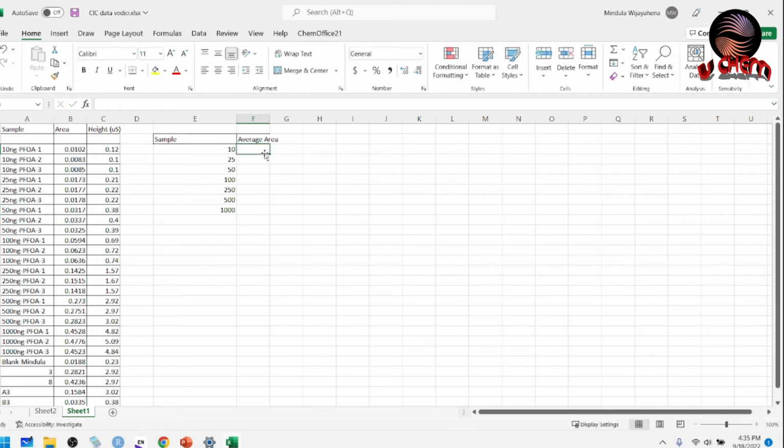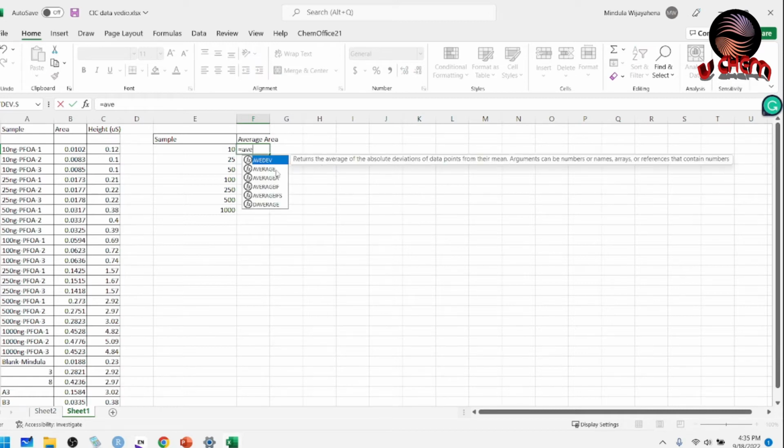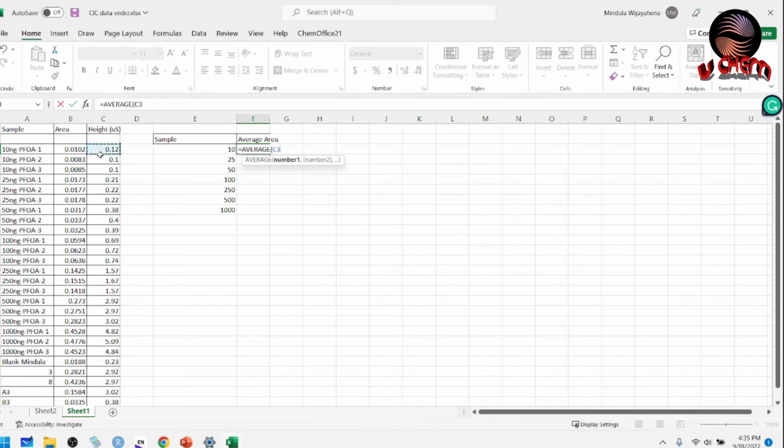Then I'm going to take the average. As you know, type equals, type average, you can select it from there, and then select the 3 signals. Oh, not height, we need area. So I'm going to go with the area. You need to highlight the area you want and press enter.